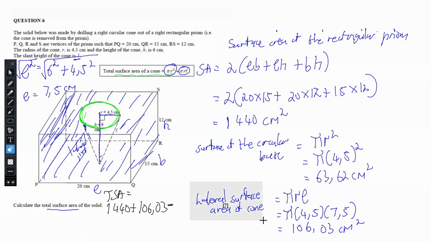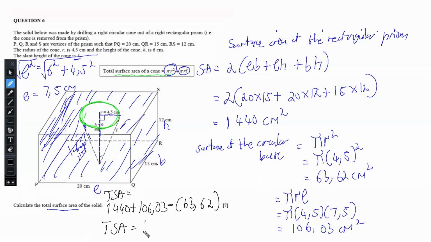We will subtract the surface area of the circular base because we are saying this part will no longer be there. So this is 63.62. Then now, to find your total surface area, you have to punch all of this into your calculator, and then it will give you 1,482.41 centimeter square, right? So that's all you needed to understand there.